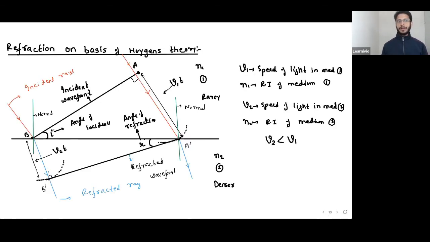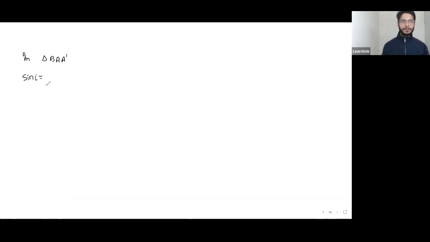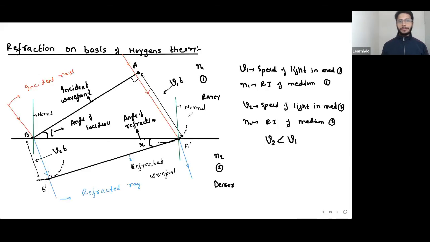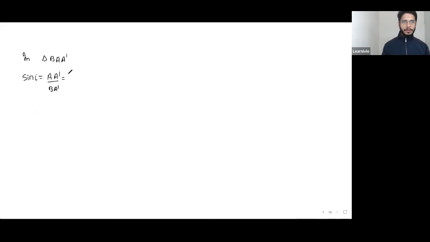Perpendicular is AA prime, hypotenuse is BA prime. So that's AA prime divided by BA prime. How much is AA prime? AA prime is V1t. So sin I is V1t divided by BA prime. That's my first equation.